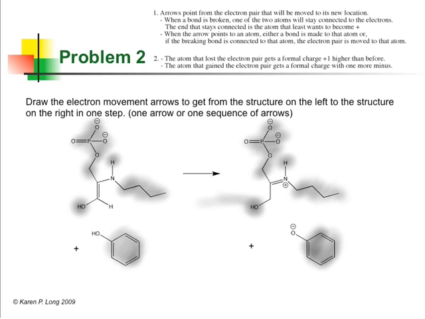Now what we need to do also is to identify, I'll just circle this, the piece that changes. That, this, and this. Another thing that is useful to do, in fact it's very important to do, or you might make mistakes: this structure is written in condensed format.